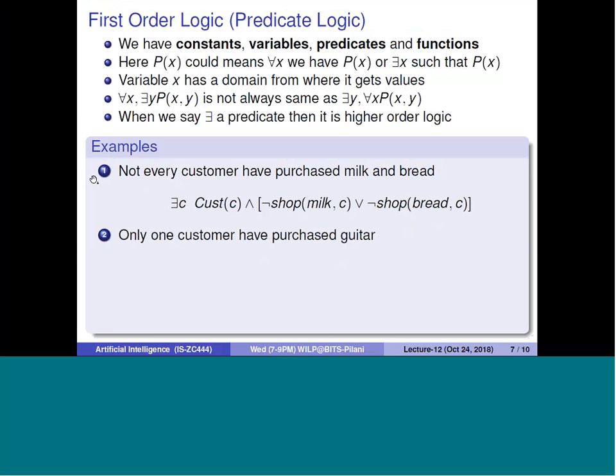Okay. Another way to write it could be this: there exists a customer, because not every customer has purchased milk and bread.